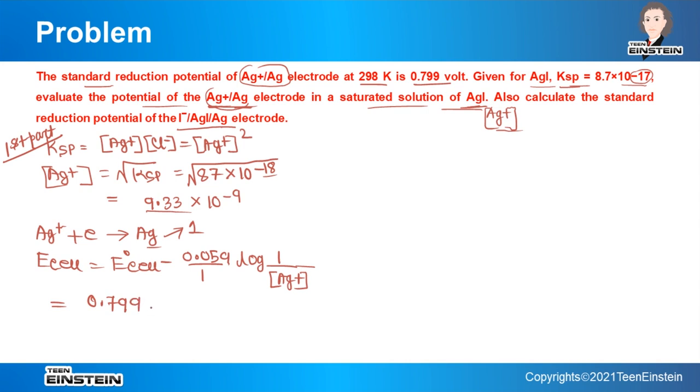So minus 0.059 log of 9.33 × 10^-9. Now as we have written it in the numerator, because we are bringing it to the upper side, this negative sign will now be positive.